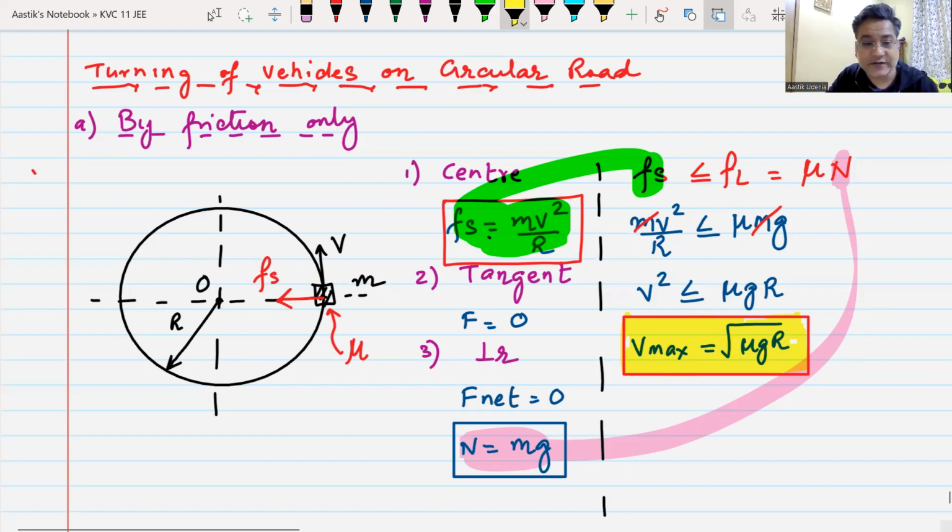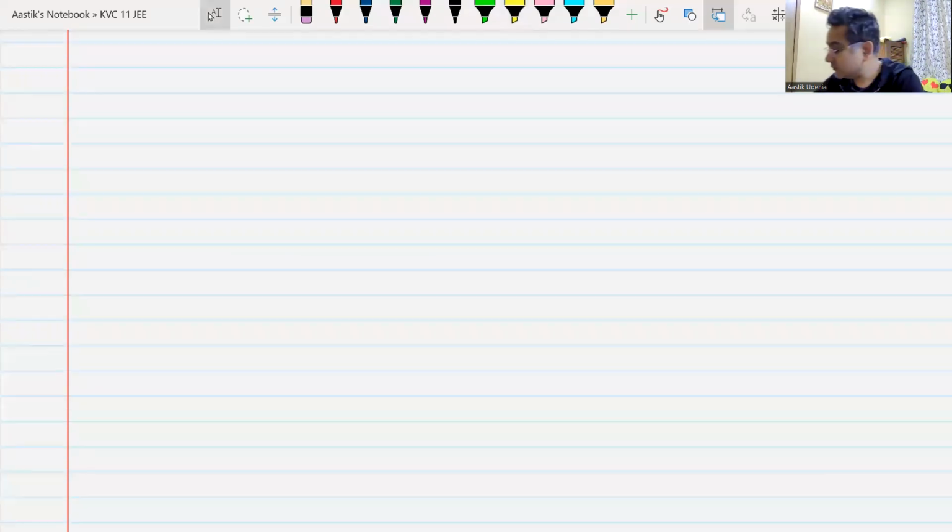Obviously, it will become very difficult for us to turn, but still we can turn. The next way of turning is by banking only.